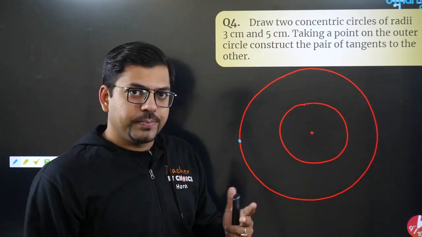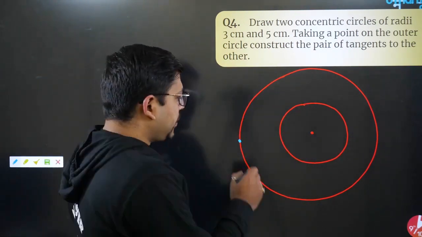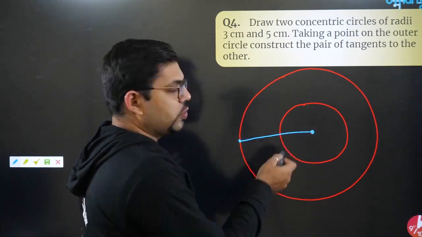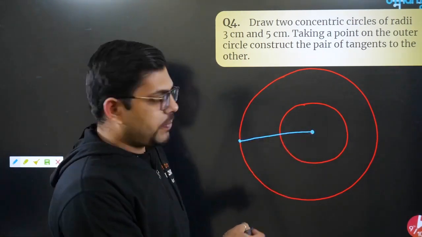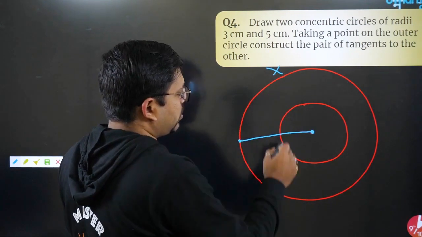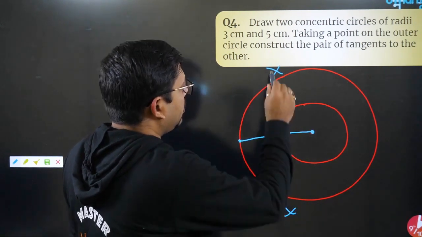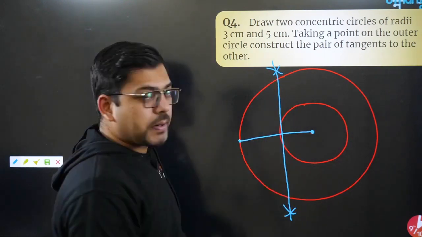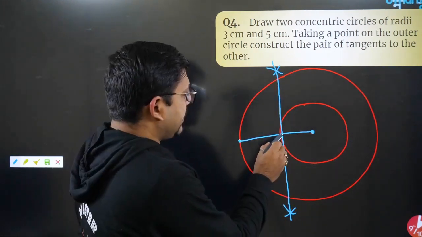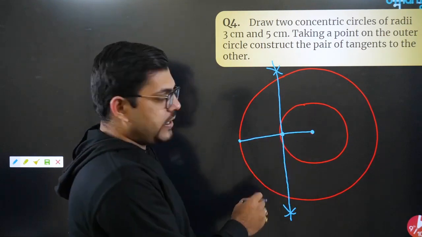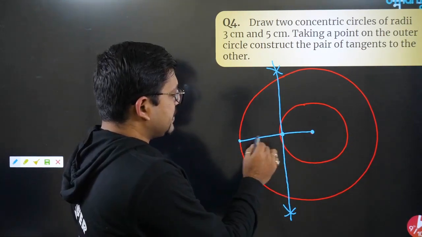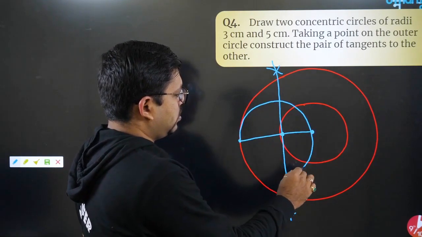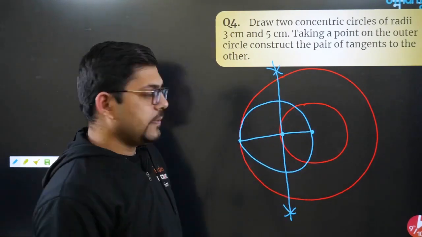So how to do it? Same answer, simple answer. You have to connect these 2 points, 3 and 5. You know that we have to make the perpendicular bisector of this line. So just join it. Draw the perpendicular bisector. This is the center. Taking this as a center, you have to take this as a radius, and then draw a circle.